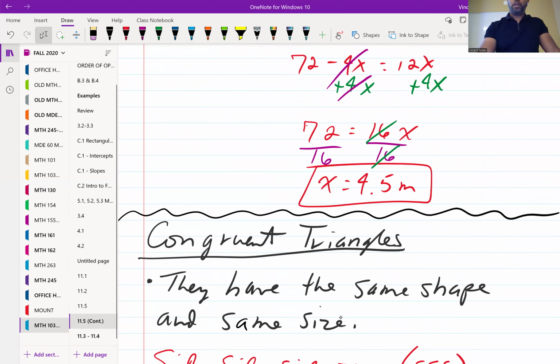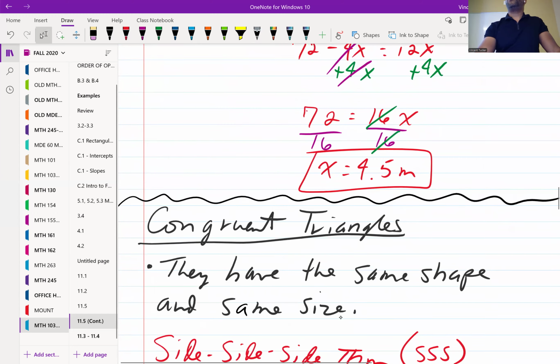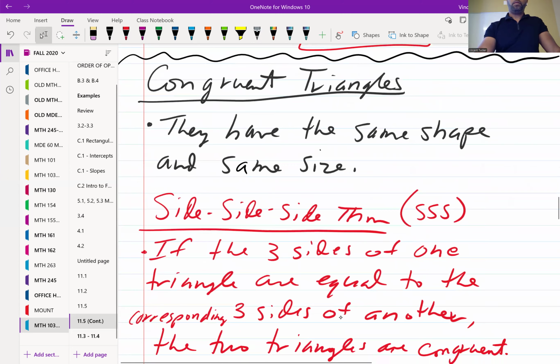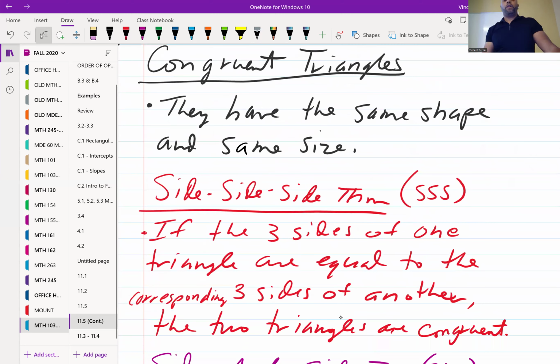Almost finished. Congruent triangles, I believe, is the last thing we're going to hit today. So is everybody doing their last example? Congruent triangles have the same size and same shape.